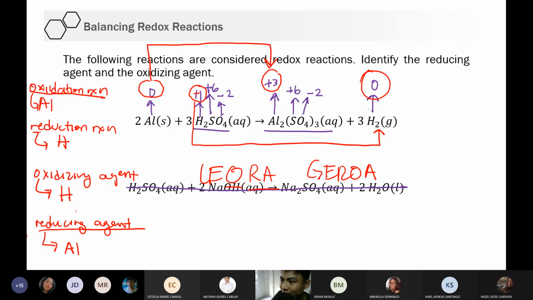Kung sino yung nag-undergo ng reduction, siya yung oxidizing. Okay? Agent. Again, kapag may agent, baliktad ang tawag. So, gamitin ang Leo-Ger. Oxidation, reducing agent. Reduction, oxidizing agent.